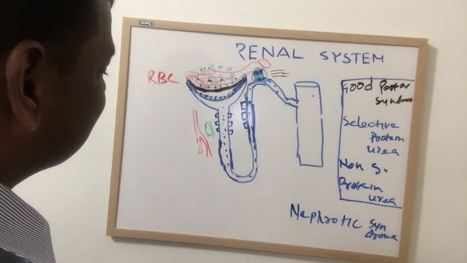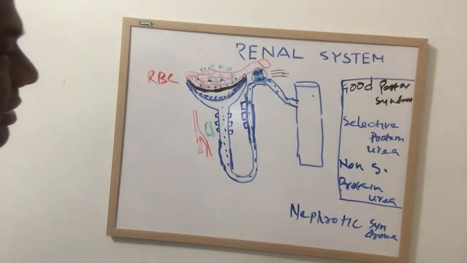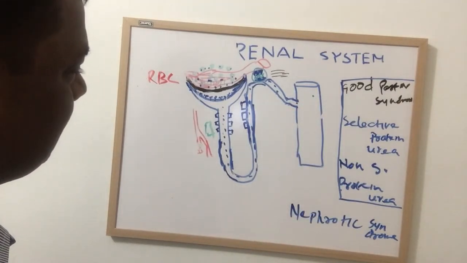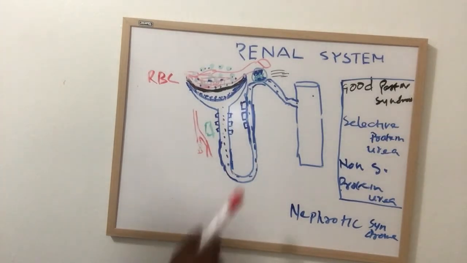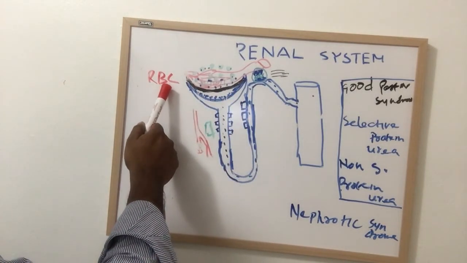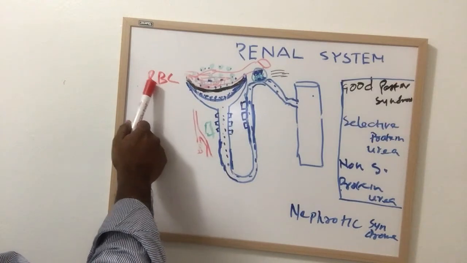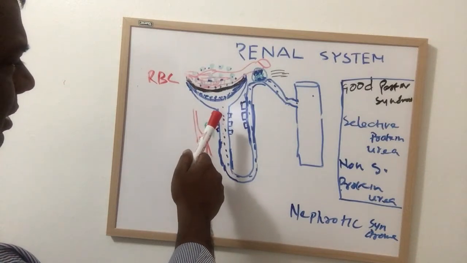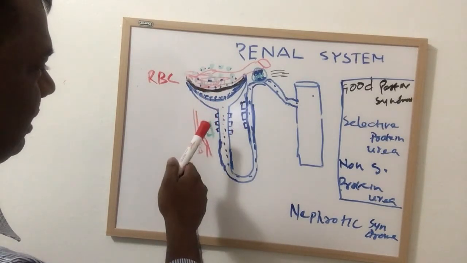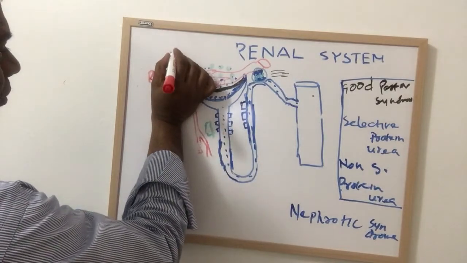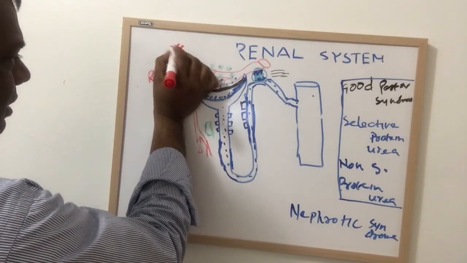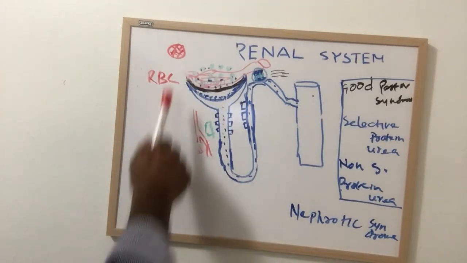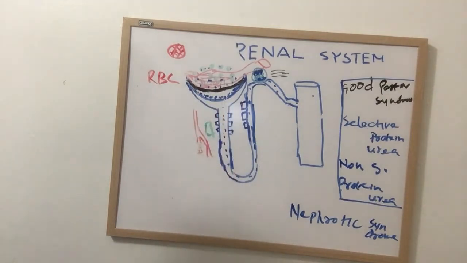Once you see RBC there, the urine color undergoes discoloration. Then after single RBC cells come, right after that, some more RBCs can make a clot or cast, and they can come together in the big pouring area.